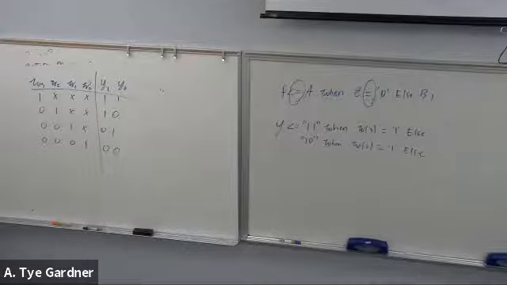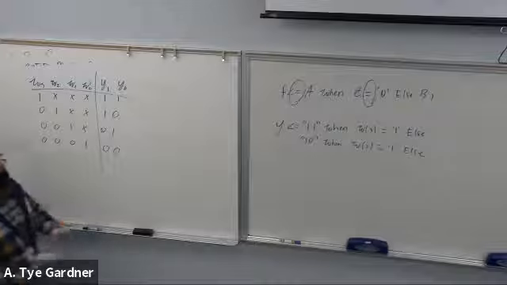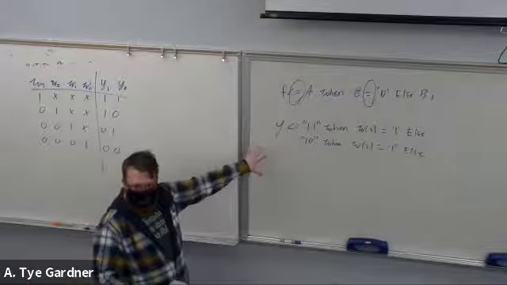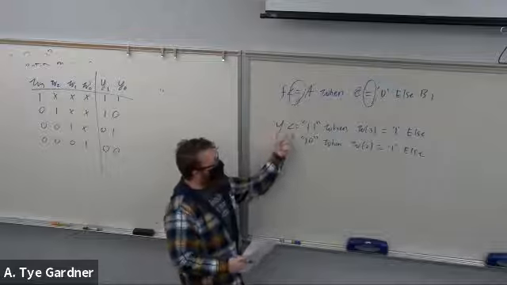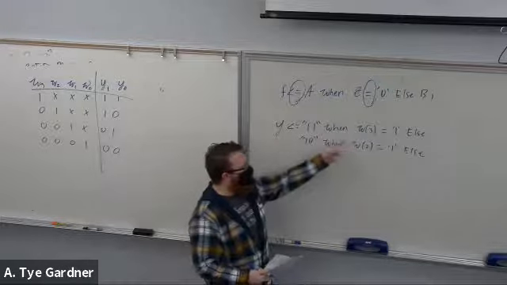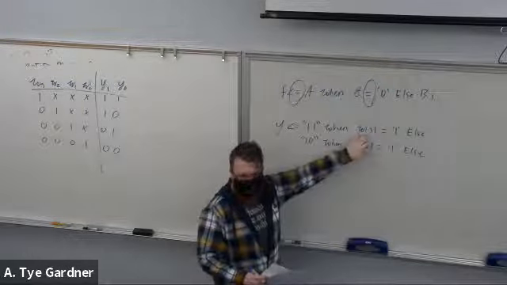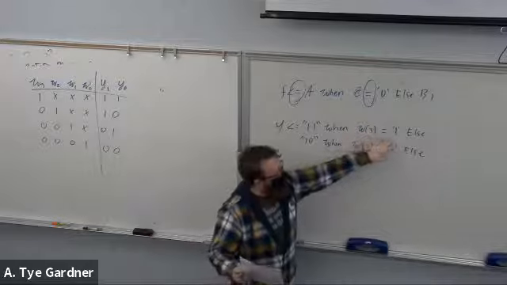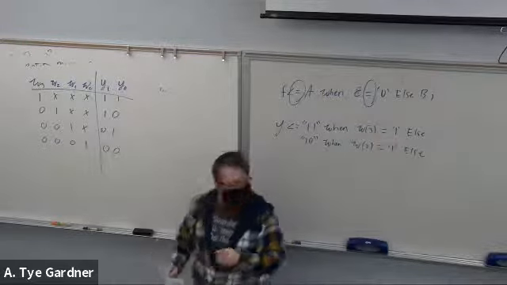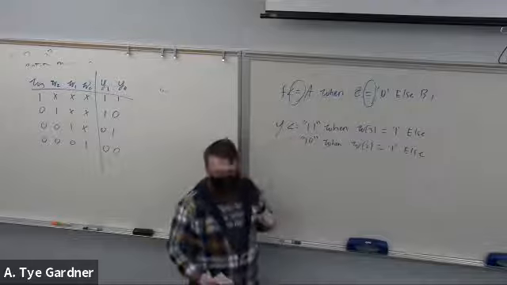Okay, in VHDL, this statement will do that because this says y is equal to "11" when w at 3, so this vector w, is equal to 1. The first bit is 1, then y is equal to "11".